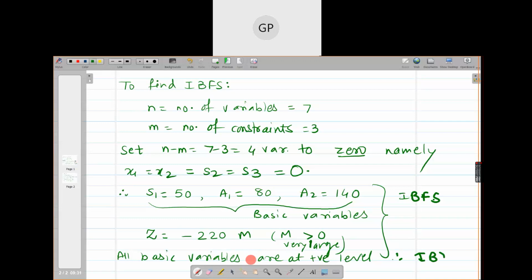Therefore, the IBFS is non-degenerate. Is that okay, girls?